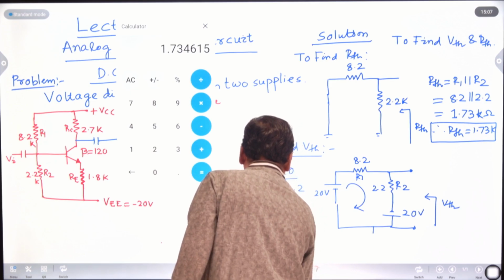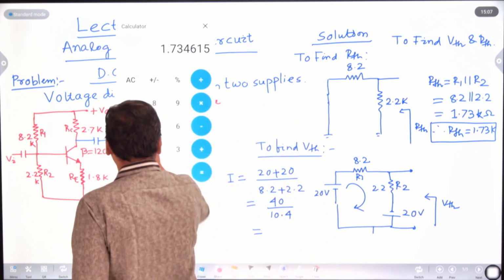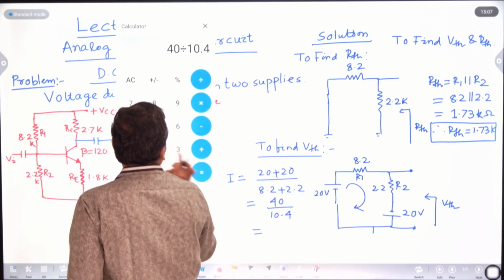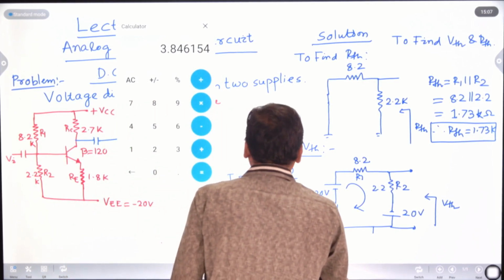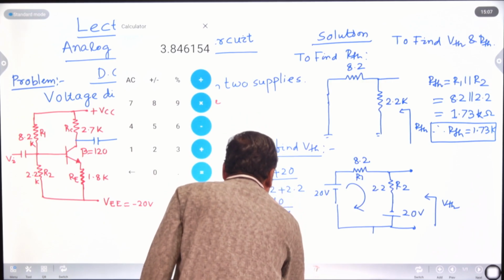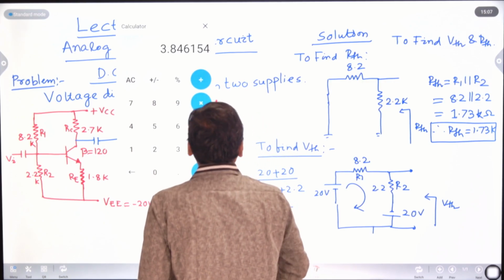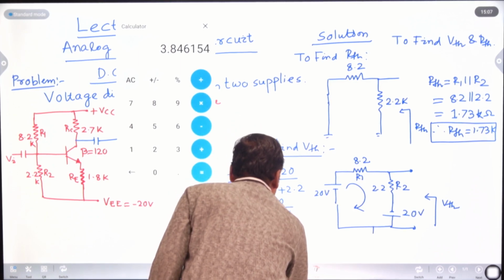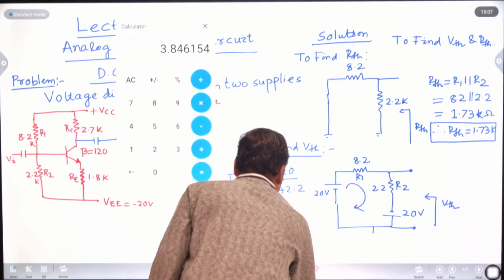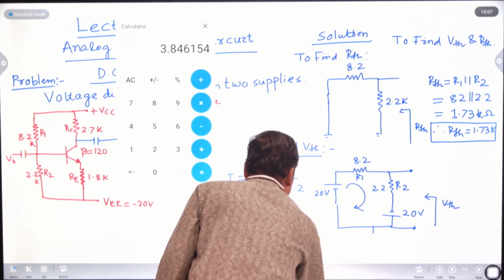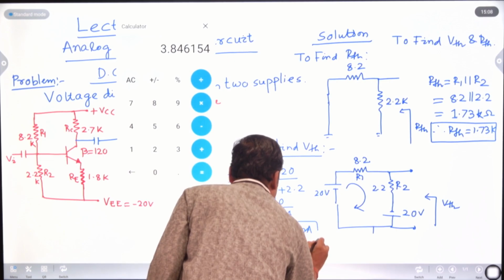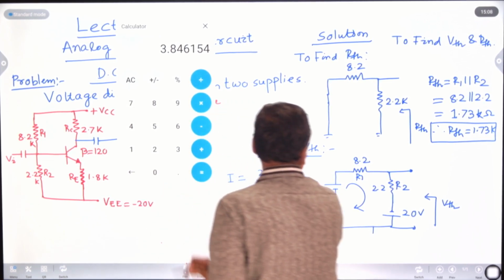So that will be equal to 40 divided by 10.4, and the value is 3.84, because the denominator is in kilo ohm, and if it goes to the numerator that will be milliampere. So that will be 3.84 milliampere. This is your current. I equal to like this.